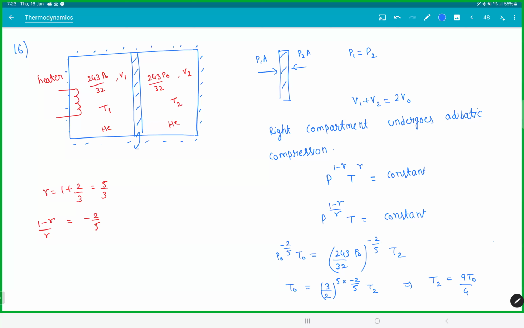You can also use moles, but don't you have too many variables? P, V, T. P you know. You don't know V and you don't know T. You have two unknowns. How will you find them?